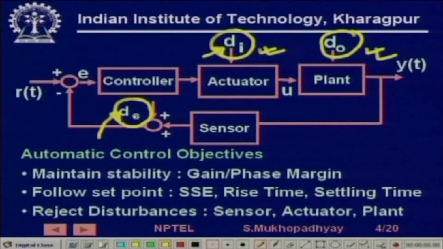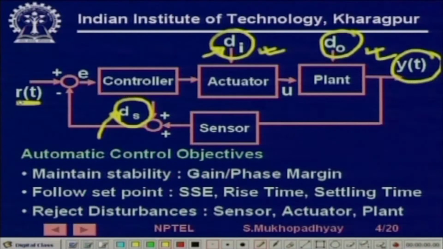So, there are various kinds of disturbances acting on the loop all the time, which tend to move this output away from R. The job of the controller, every time it moves away from R, is to generate a suitable input such that it comes back to R, thereby rejecting disturbances. That is the other prime objective of automatic control. So, maintain stability, follow set point and reject disturbance. These are the three major objectives of automatic control.